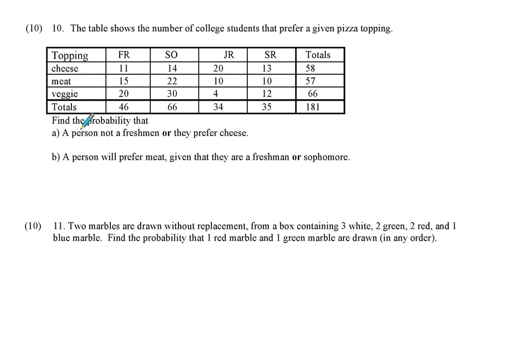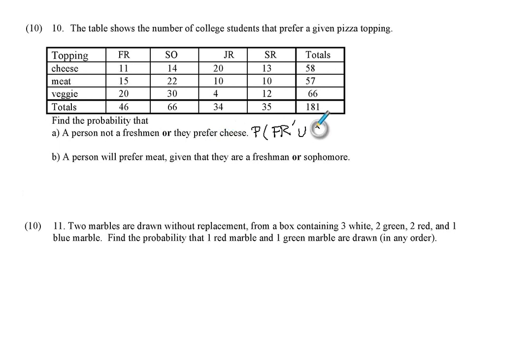So, for example, find the probability that a person is not a freshman or they prefer cheese. Let me write that in symbols. Freshman, we can abbreviate as FR. So they're not a freshman, that is not freshman, or is a union, they prefer cheese.